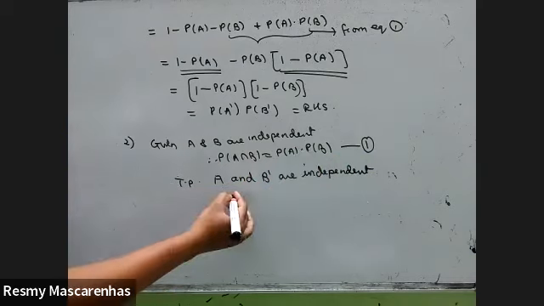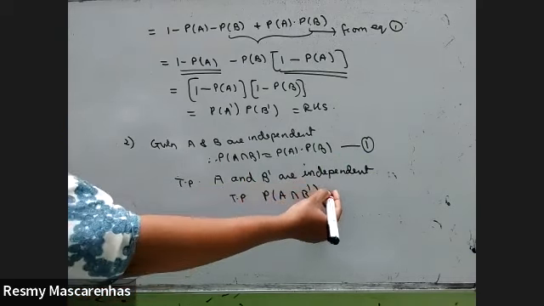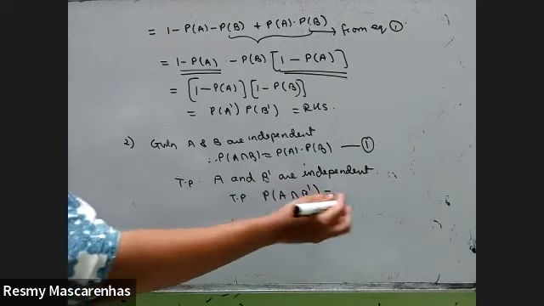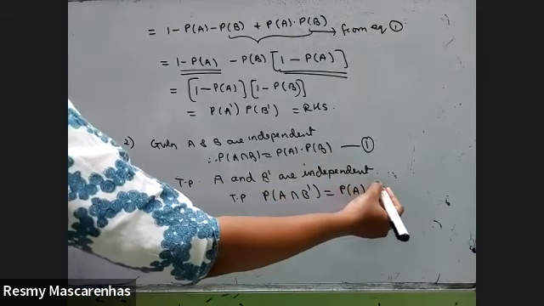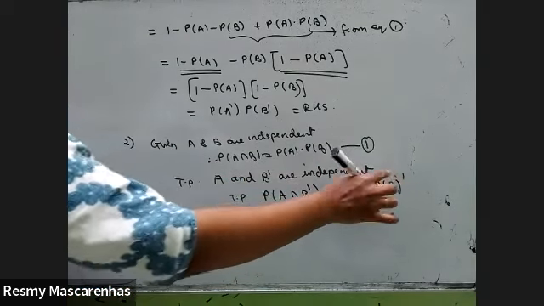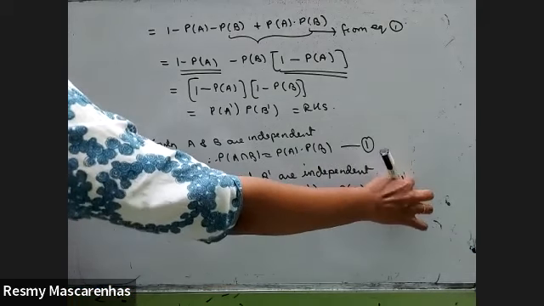That means to prove P of A and B dash, and means intersection. This is what I have to get. Whether I write complement inside or outside doesn't matter. This you can write out also, no problem.